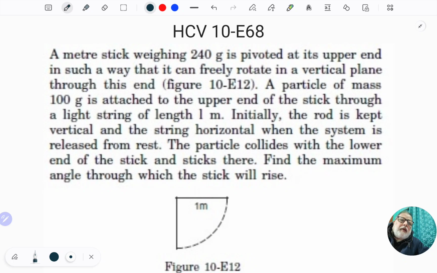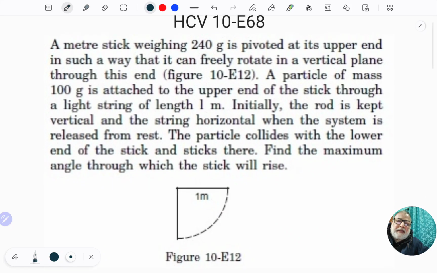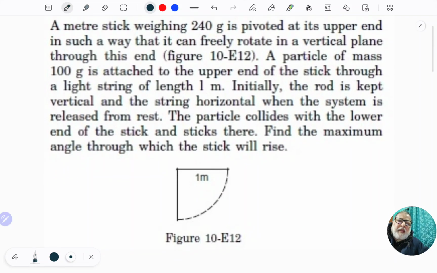It says a meter stick weighing 240 gram is pivoted at its upper end in such a way that it can freely rotate in a vertical plane through this end. The figure is attached here. A particle of mass 100 gram is attached to the upper end of the stick through a light string of length 1 meter.